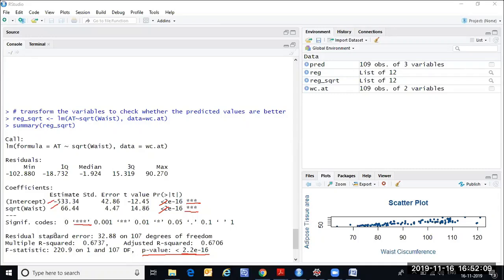Now, let's look at the accuracy of the model. Do you see any improvement from the previous version of the model in the R squared value?